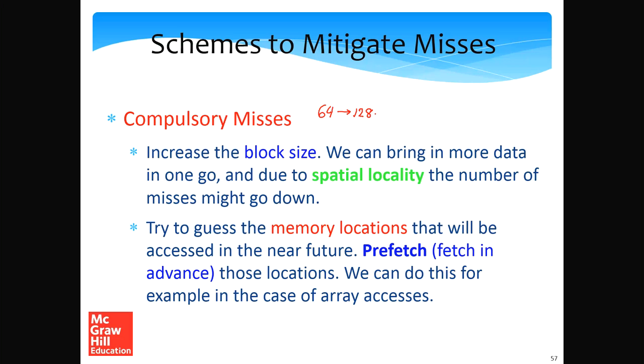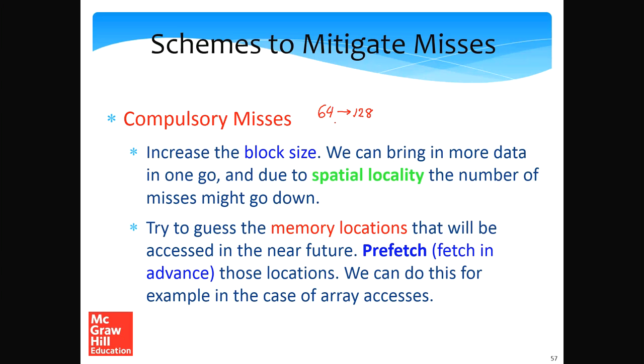Then in one go we are fetching in more data from the lower level. And because of spatial locality, the reason that we made blocks in the first place, it is possible that the number of misses might go down because you will find a lot more of the data you access within the same block. And this would not have been possible had the block sizes been smaller.